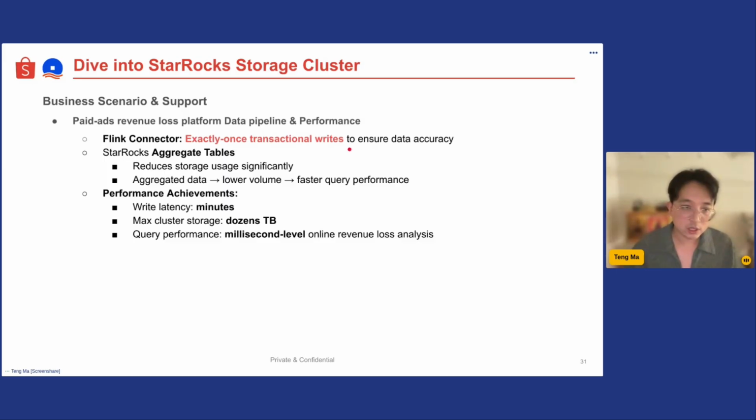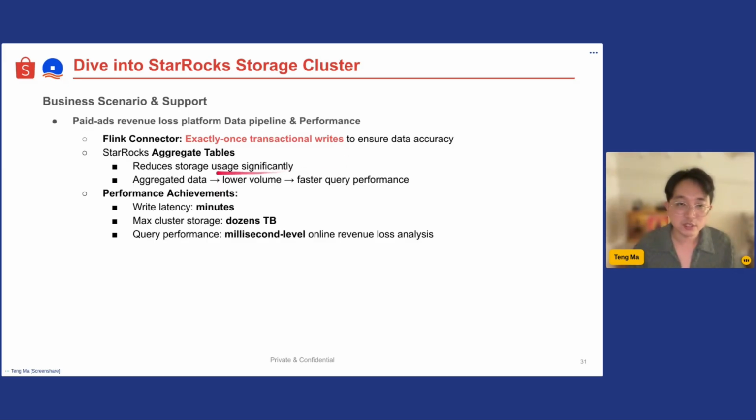And because the advertisement data comes from our platform, the data is very large. So if users see all the detailed data, the table will become very large, and the query performance will also be affected. So users only see the aggregated data. So they use StarRocks aggregate tables.